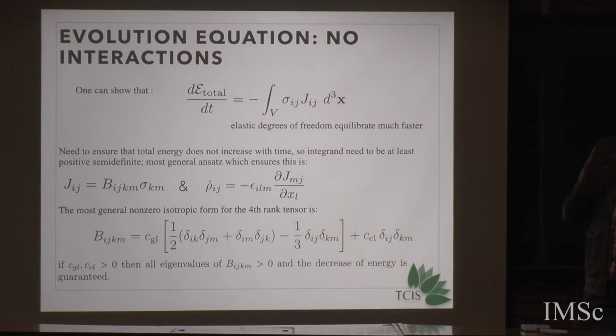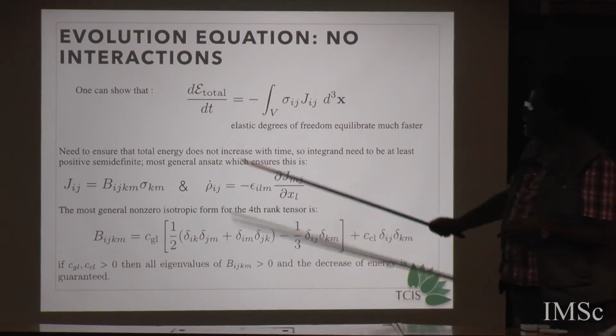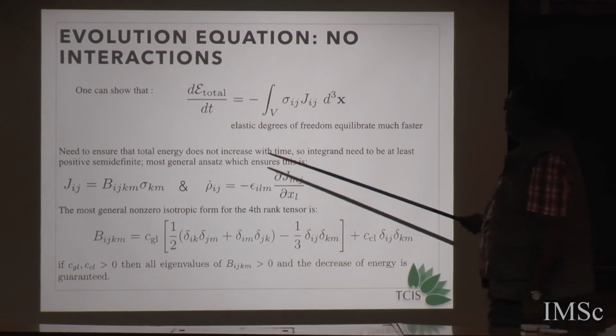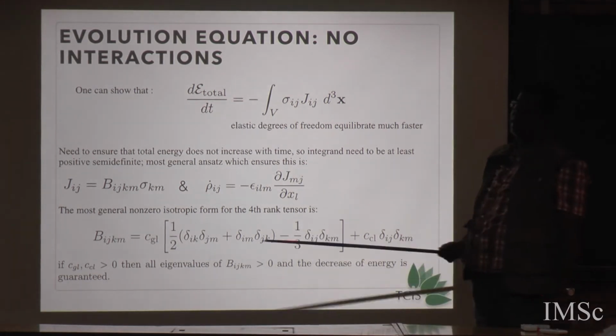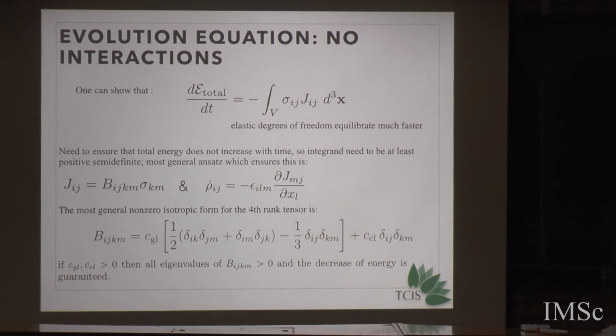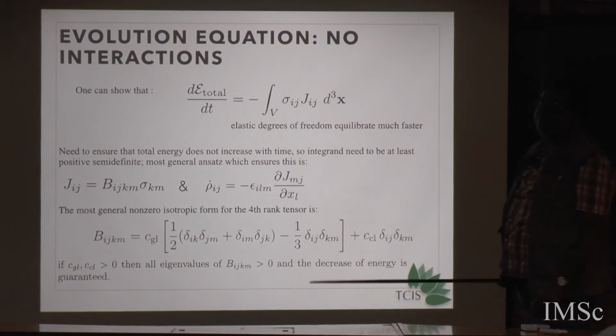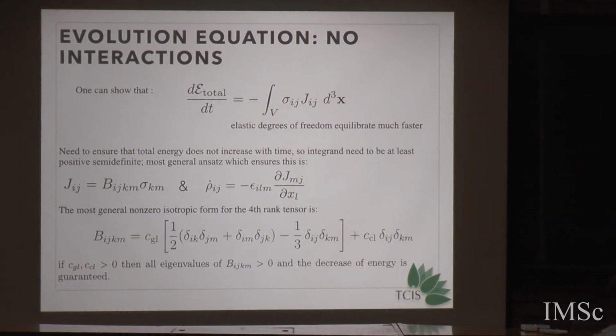We know that at finite temperature this is not always true, and the entropy comes in, and the free energy is the one which decreases, and the total energy may increase, dislocations may be created, and they can annihilate and so on. But here, in the non-interacting as well as the interacting case, we are going to assume that there are no thermal fluctuations which involve the entropy and the free energy. So it's just the total energy.